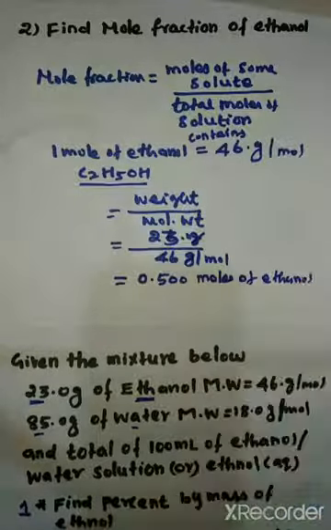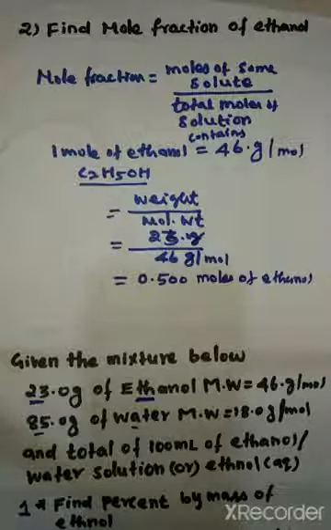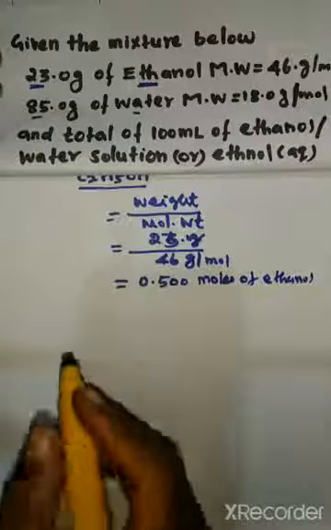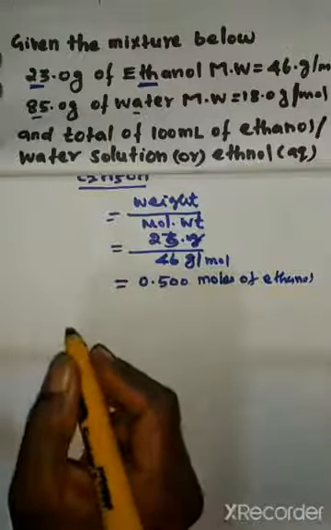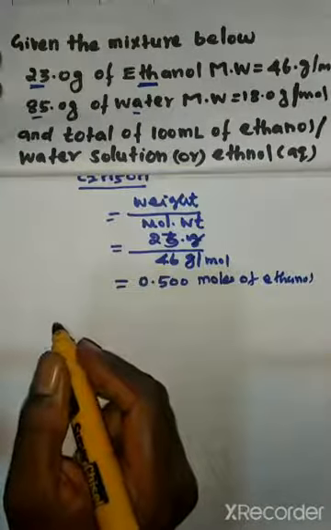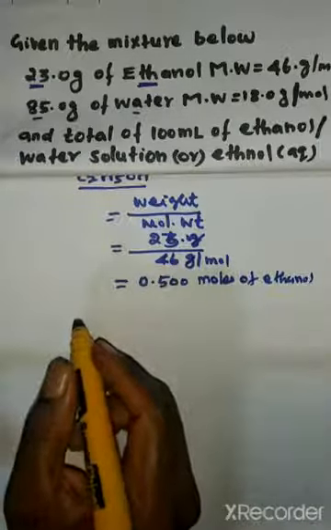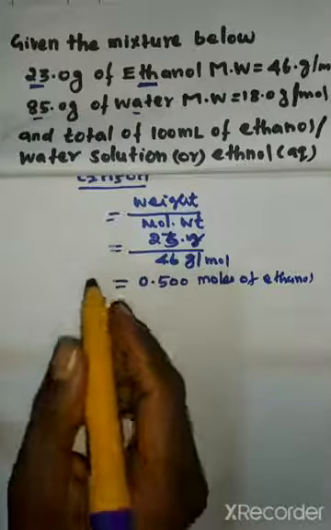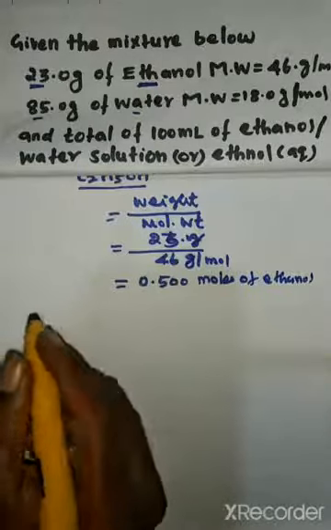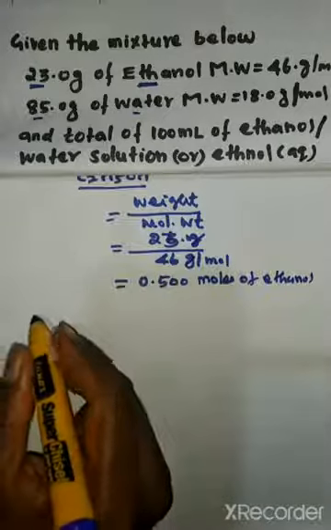Now we know the number of moles of ethanol present in this solution, and we also need to know the total moles in solution. If you want to know the total moles in solution, we should know the moles of solute as well as moles of the solvent. We found the moles of the solute, that is ethanol, so we need to know the moles of the solvent.